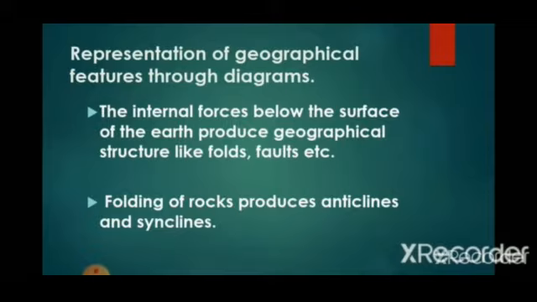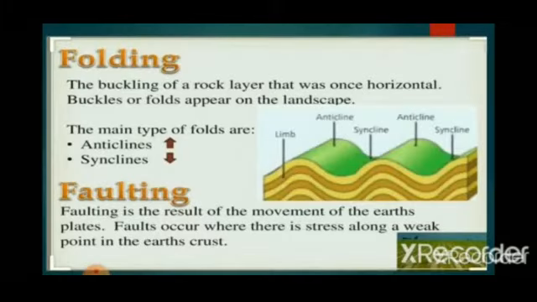In that we can see an upper part and a lower part. The upper part we usually call a crest, and the lower part, the down portion, we call a trough. Like that, in mountains also we can see a fold and a fault.